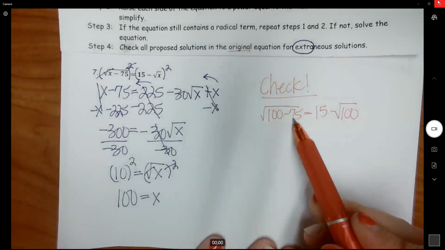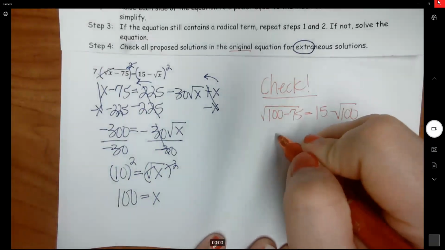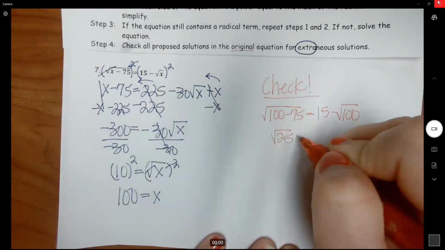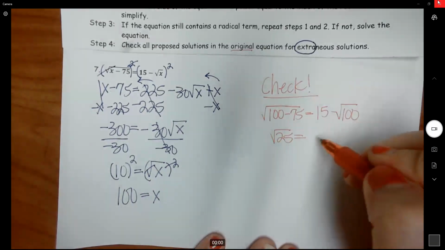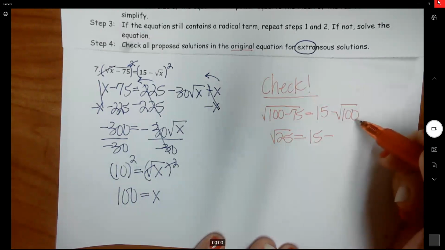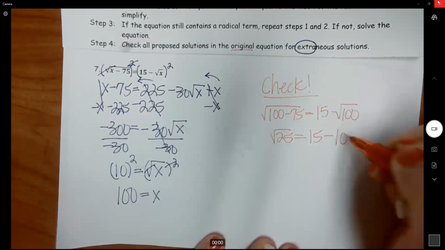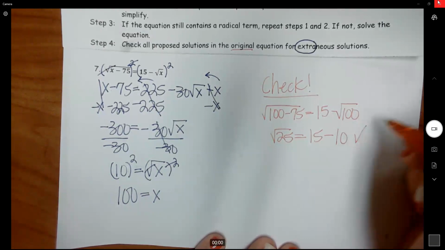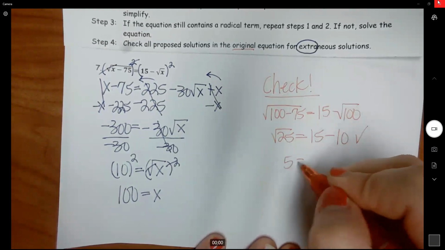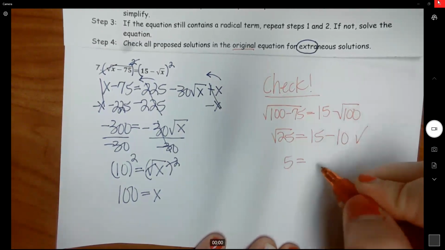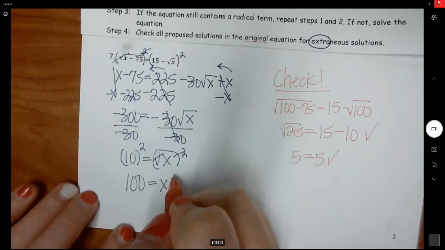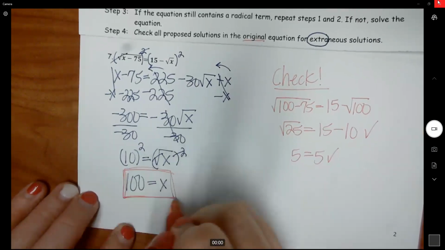The square root of 100 minus 75 is 25. 15 minus the square root of 100, which is 10. And so this does work because the square root of 25 is 5. And 5 minus 10 is also 5. So this is my answer.